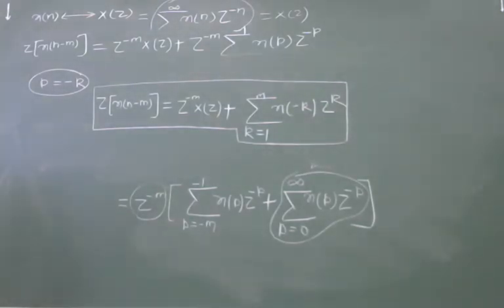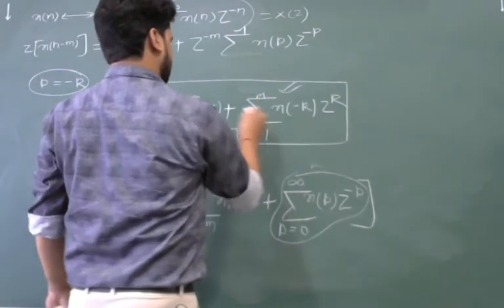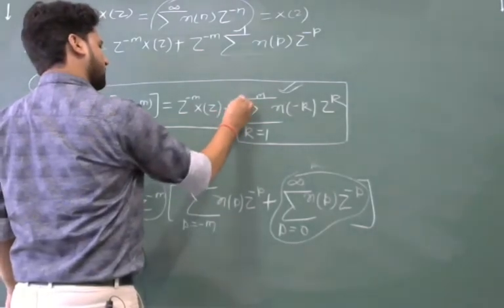Means we have to add this extra term if the initial conditions are not 0. Z power minus m is also here.